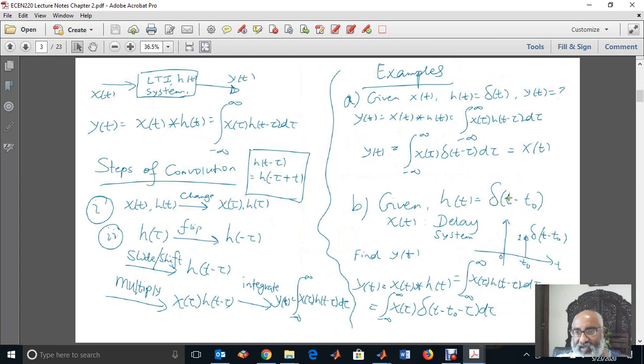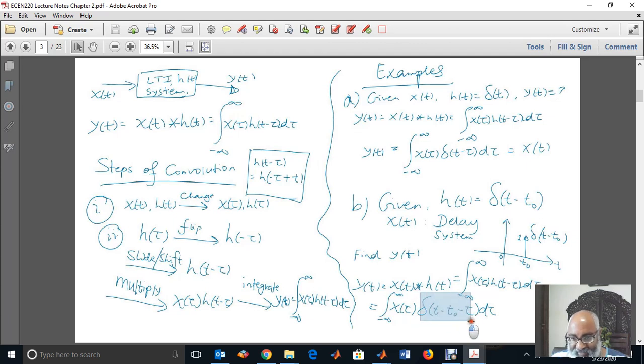And what about if I have a delay system, we call it h of t equals Dirac t minus t naught? Now the impulse is at t naught, right? What will happen? Again, when we apply the formula, the integration of x tau h of t minus tau d tau, h of t minus tau means Dirac t minus t naught minus tau.